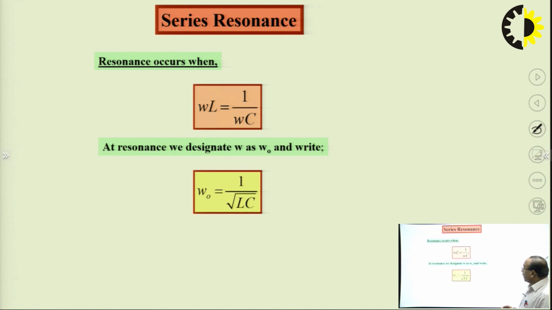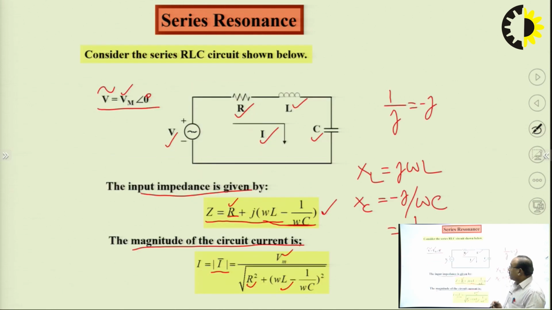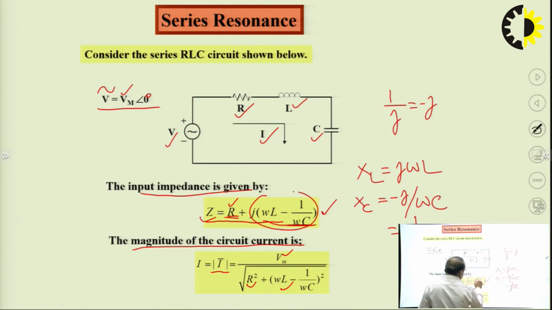Now, for resonance condition, as we have already discussed, the supply voltage and supply current should be in same phase, or the impedance or admittance in the circuit should have only the real part. So, that means if we see it from here, when impedance will be having only the real part, that time this imaginary part will become 0.